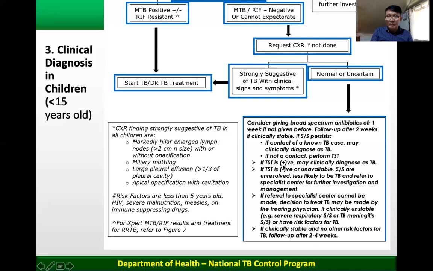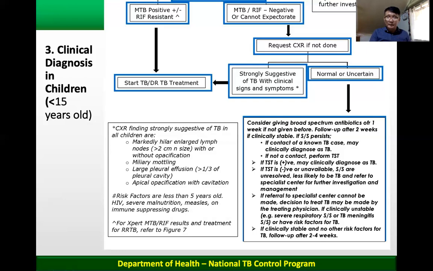So there will be no problem if TST turns out to be positive. You can diagnose as clinically diagnosed TB. The problem lies when the TST is negative or not available, but the signs and symptoms are unresolved. It states here, less likely to be TB, and you have to refer to specialists for further investigation and management.